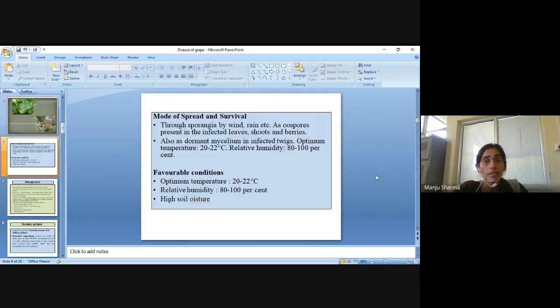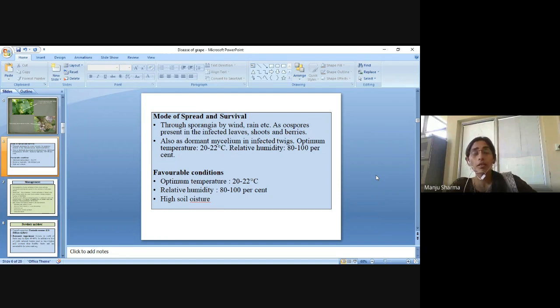Mode of spread and survival: the sporangia spread by wind, rain, etc. The pathogen survives as oospores present in infected leaves, shoots and berries, and also as dormant mycelium in infected twigs.